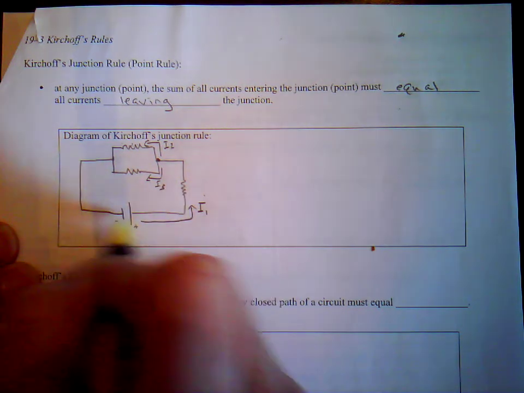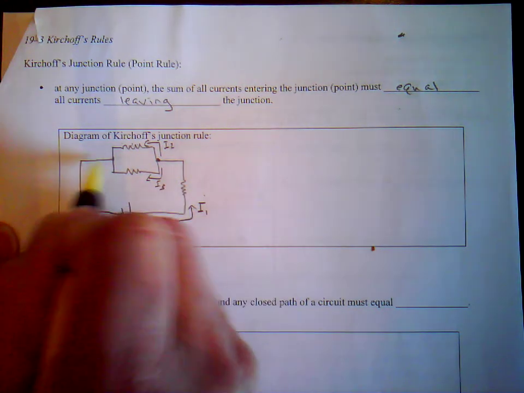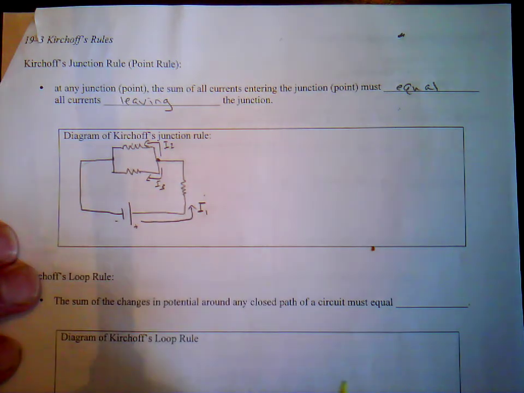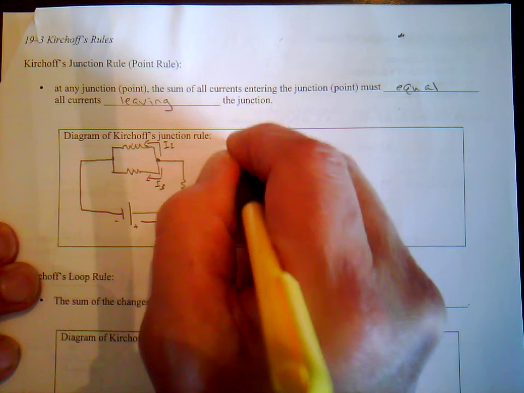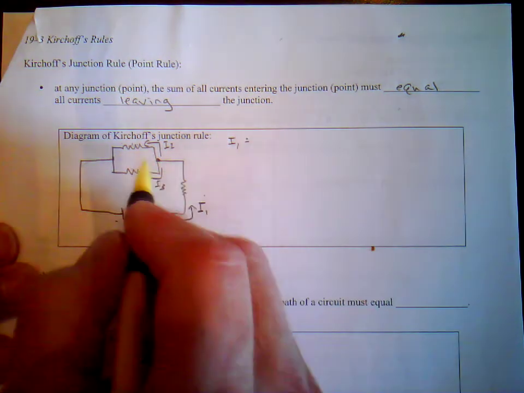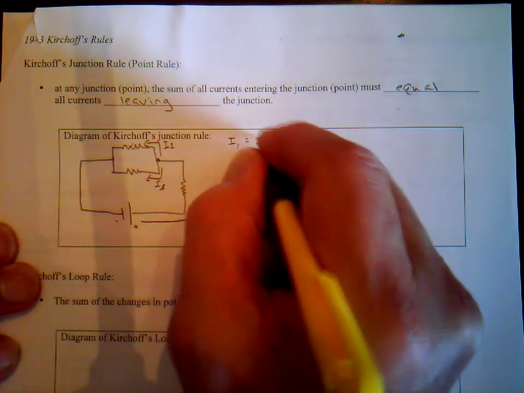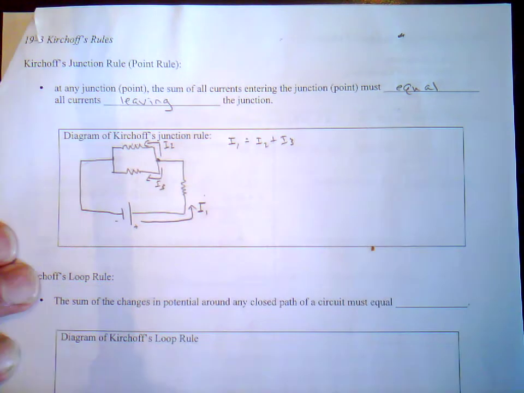All of this bottom branch of the circuit is the same path, so it all has the same current, I1. All the current going in at that point, I1, must equal all the current going out, which is the sum of I2 plus I3.